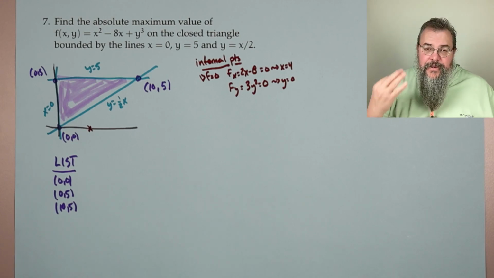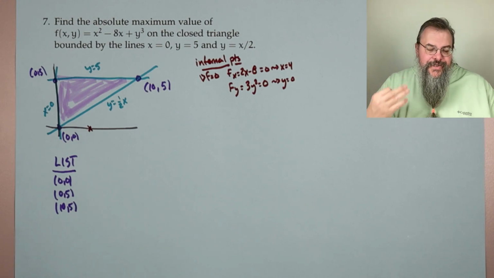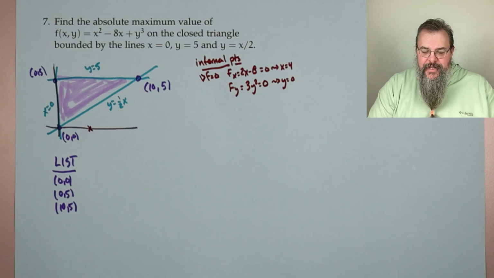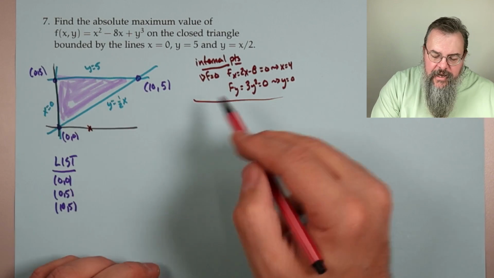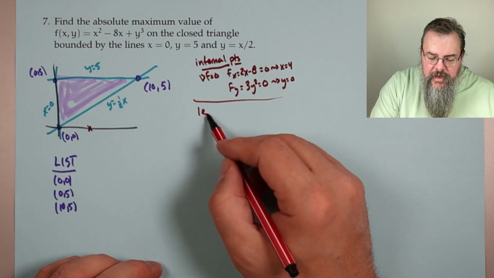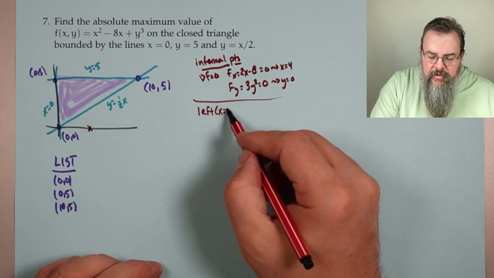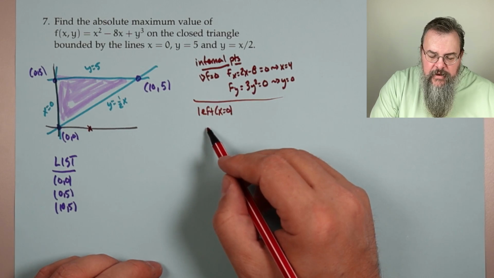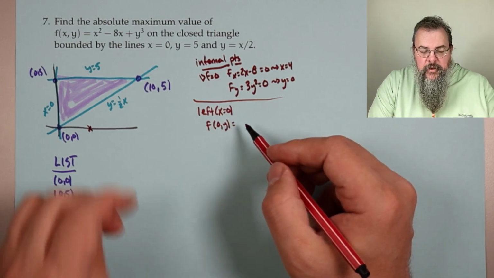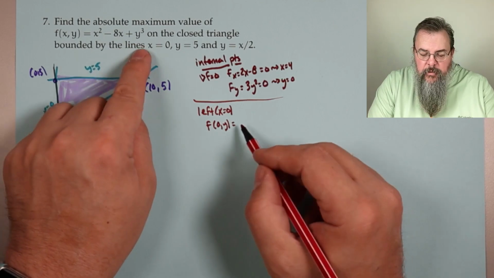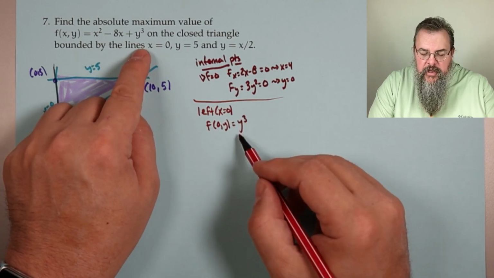Okay, well, that leaves us with 3 boundaries. So let's work through our boundaries. We've got our left side, namely x equals 0. So then our function becomes f(0, y), so that becomes y cubed. We can take a derivative of that.